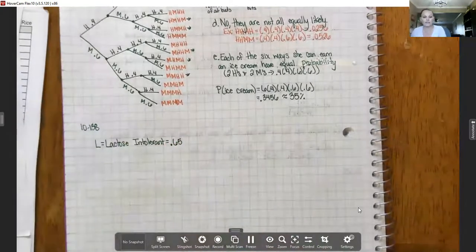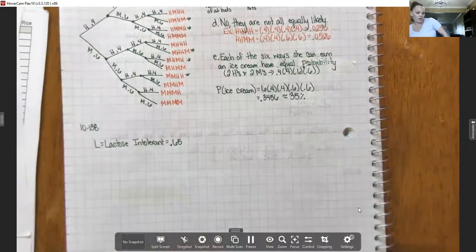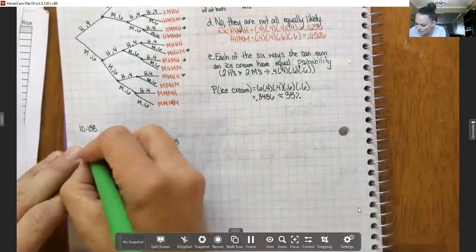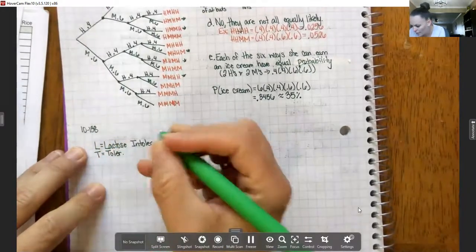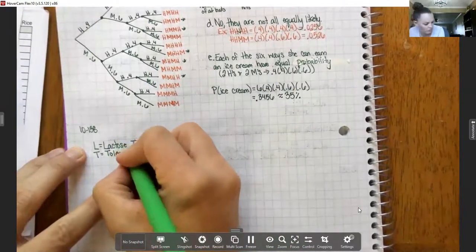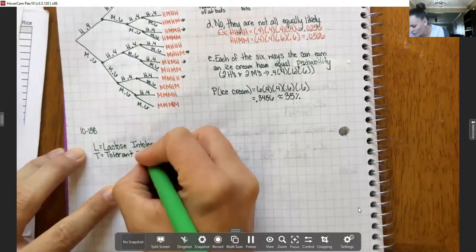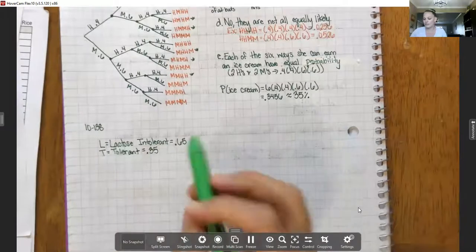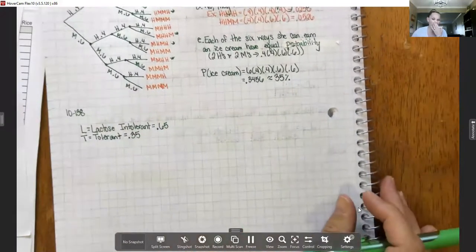It told us that 65% of the people are lactose intolerant. T will just be tolerant, which every T is then 0.35, because you either are or you aren't, either 65% or you're in that 35%.